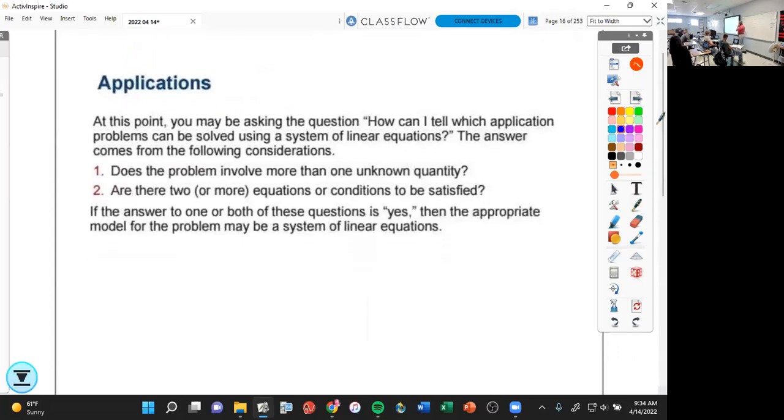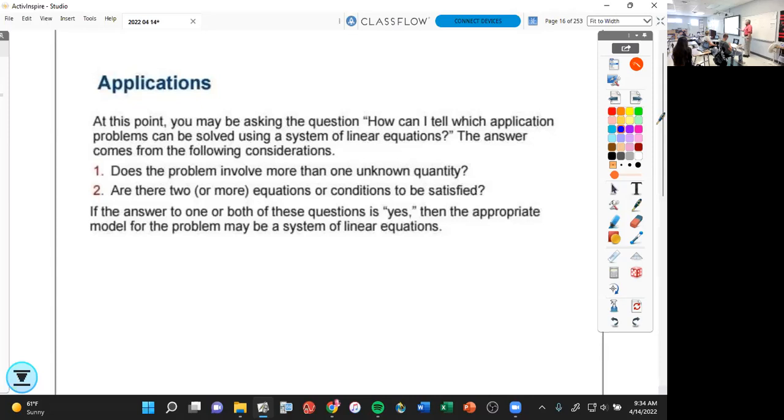Applications. At this point, you may be asking the question, how can I tell which application problems can be solved using a linear system of equations? Consider the following. Number one, does the problem include more than one unknown quantity? Number two, are there two or more equations or conditions to be satisfied?